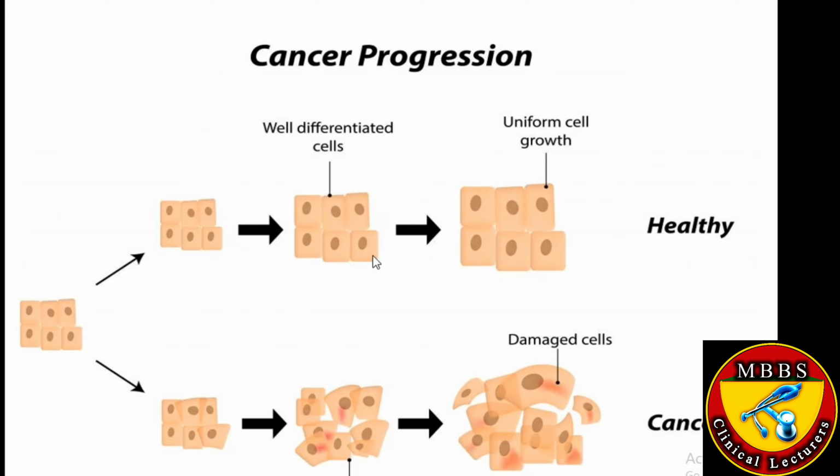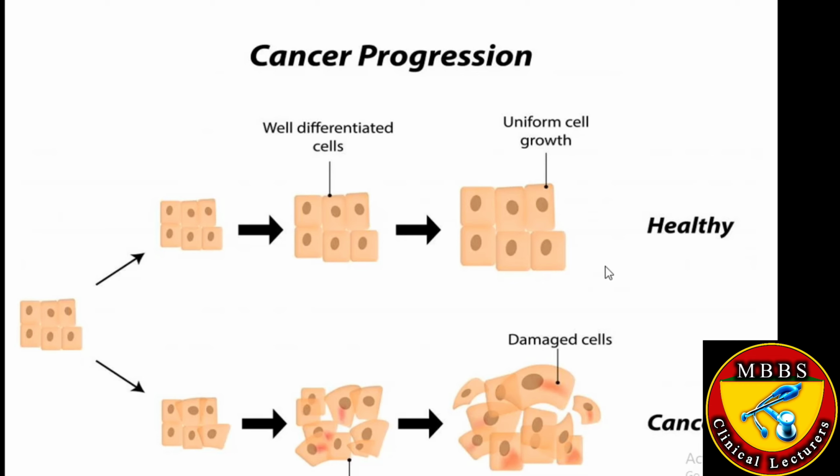The daughter cells have to resemble exactly the parent cell in shape and architecture as well as in function. And when the daughter cell resembles the parent cell, we call it a well-differentiated cell. Well-differentiated means that it has a close resemblance, both in functions and architecture.